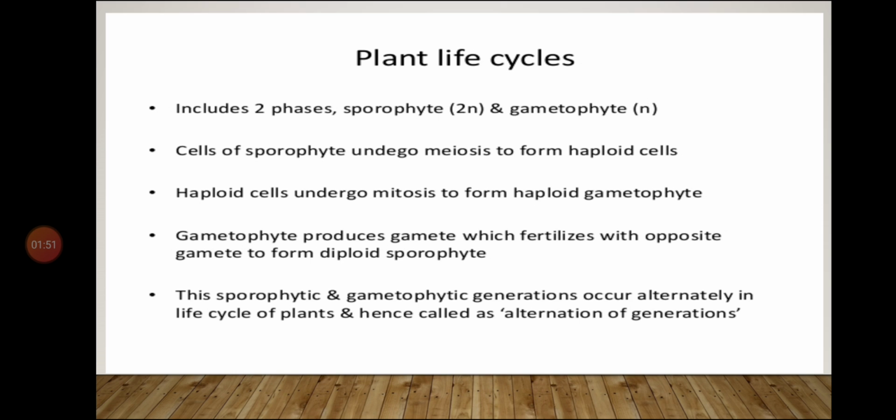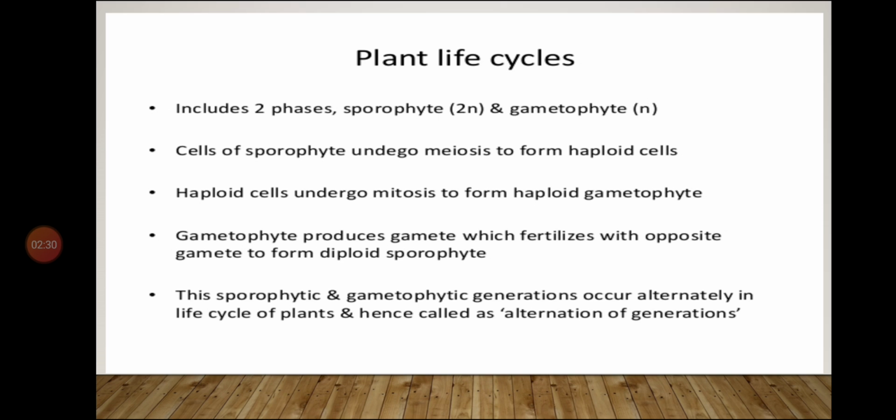Sporophyte phase is diploid, which is shown by 2n, and gametophyte phase is haploid, and that is shown by single n. Some special diploid cells of the sporophyte divide by meiosis to form haploid cells.